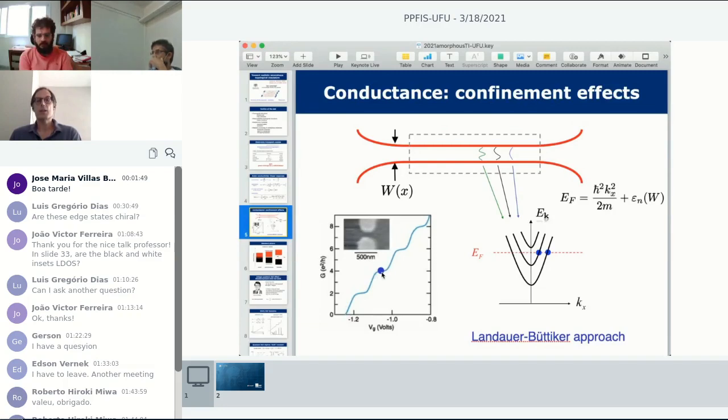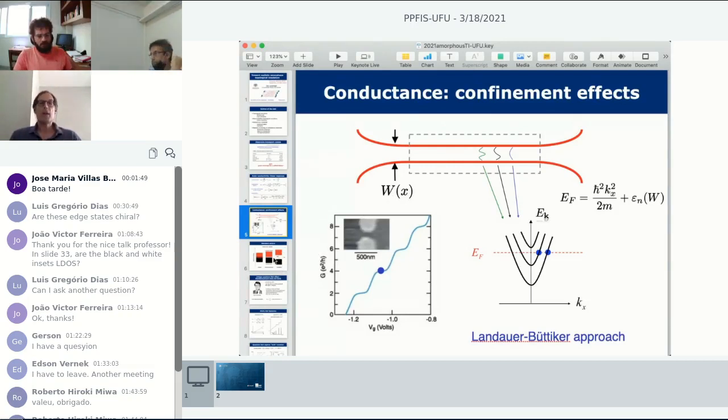And this is the situation illustrated here with two channels. And then you have this unit conductance. Okay, so this is the view of a nanostructure, a system where geometry plays a role, right?